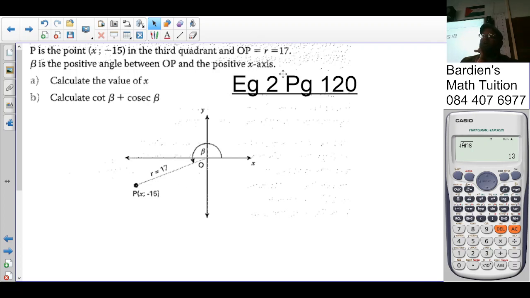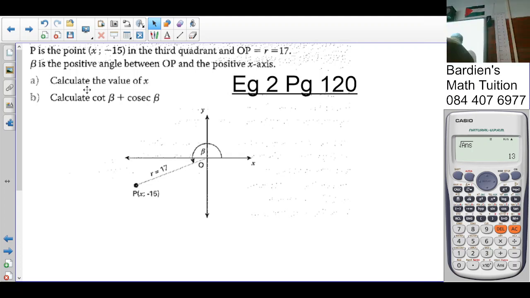OP is equal to r, which is equal to 17, your radius, that length there. Beta refers to the positive angle between OP and the positive x-axis.